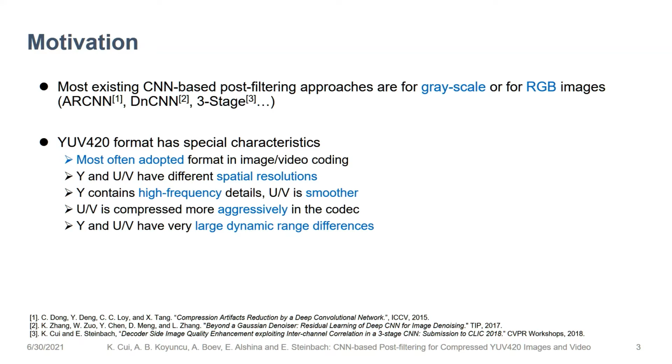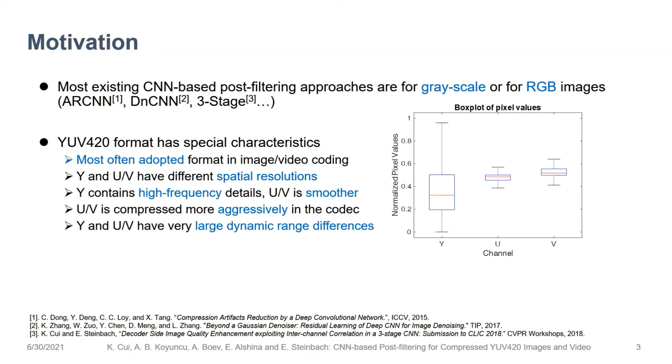And the Y, U, and V channels have very large dynamic range differences. The figure on the right-hand side shows the normalized dynamic range of the Y, U, and V channels. The box plot shows that the Y channel covers a very wide dynamic range, and the U and V channels cover a very limited dynamic range.